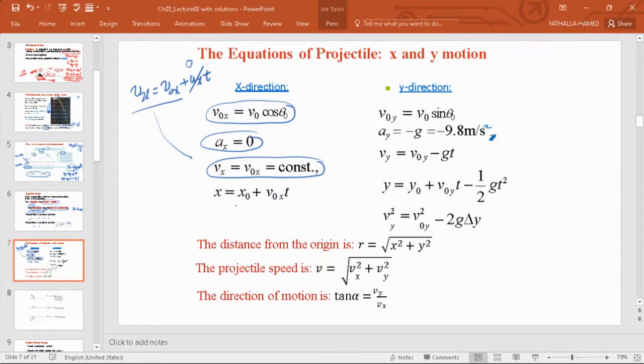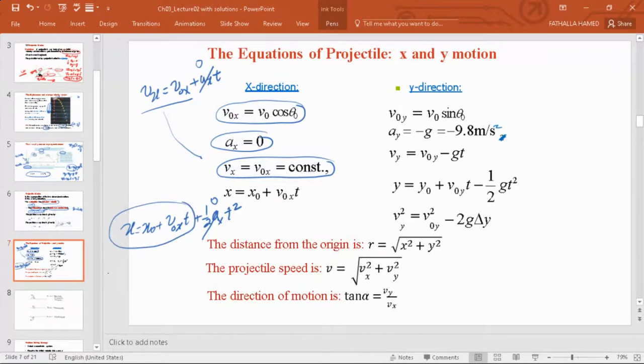Now, when it comes to the x component of the position, we said that x is equal to x0 plus v0x t plus 1/2 ax t squared. And of course, the ax here is equal to 0. So you end up with x equal to x0 plus v0x t, and that's what you have here.